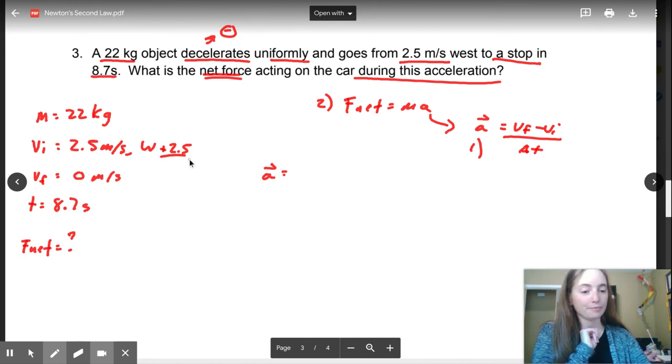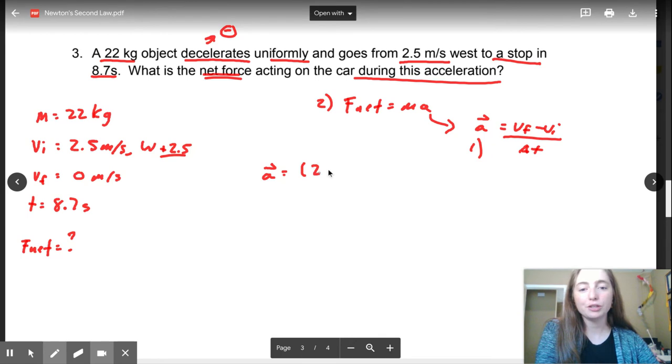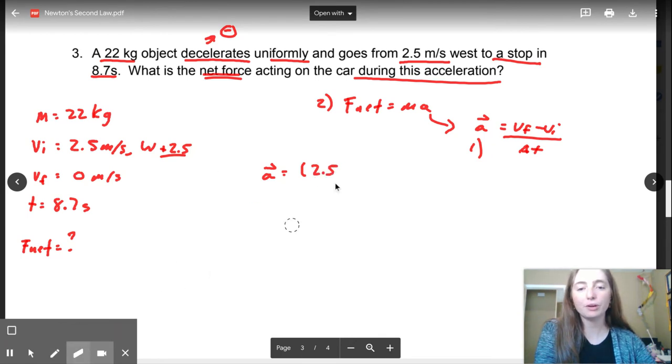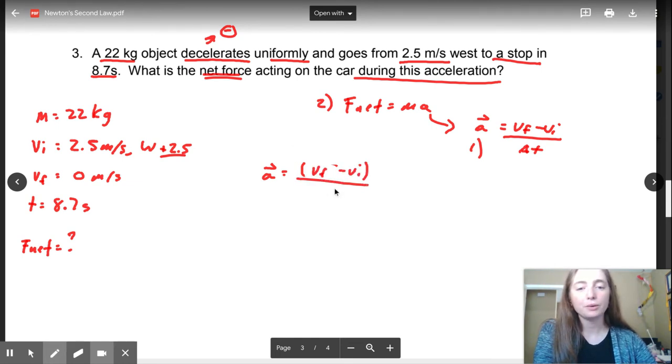Okay? So I'm going to write out my equation first. VF minus VI over delta T. Acceleration is going to equal my VF of 0 minus my VI of 2.5. It's going to give me negative, which is what I want, divided by my time of 8.7 seconds.